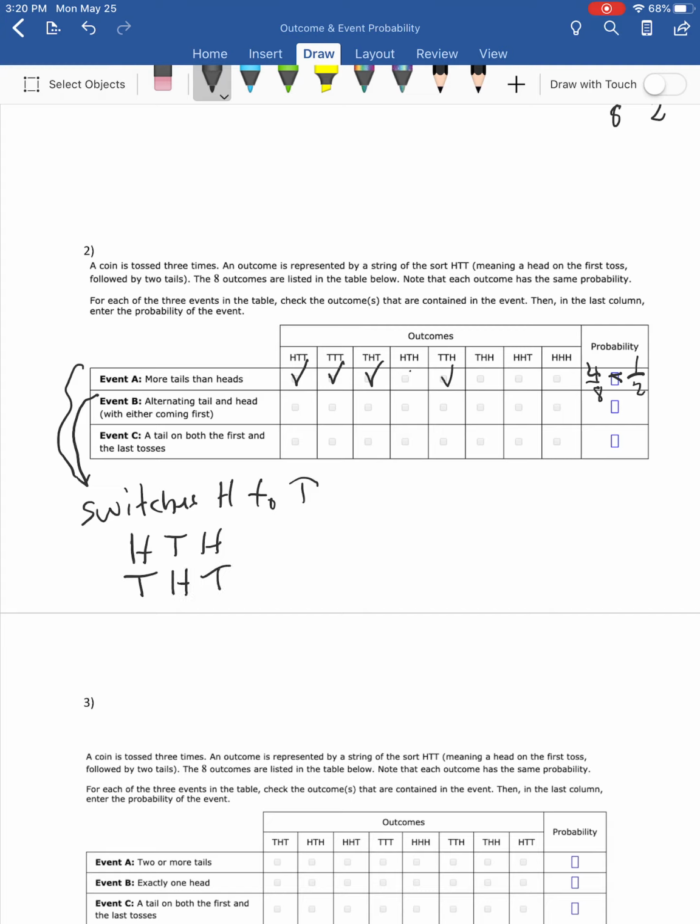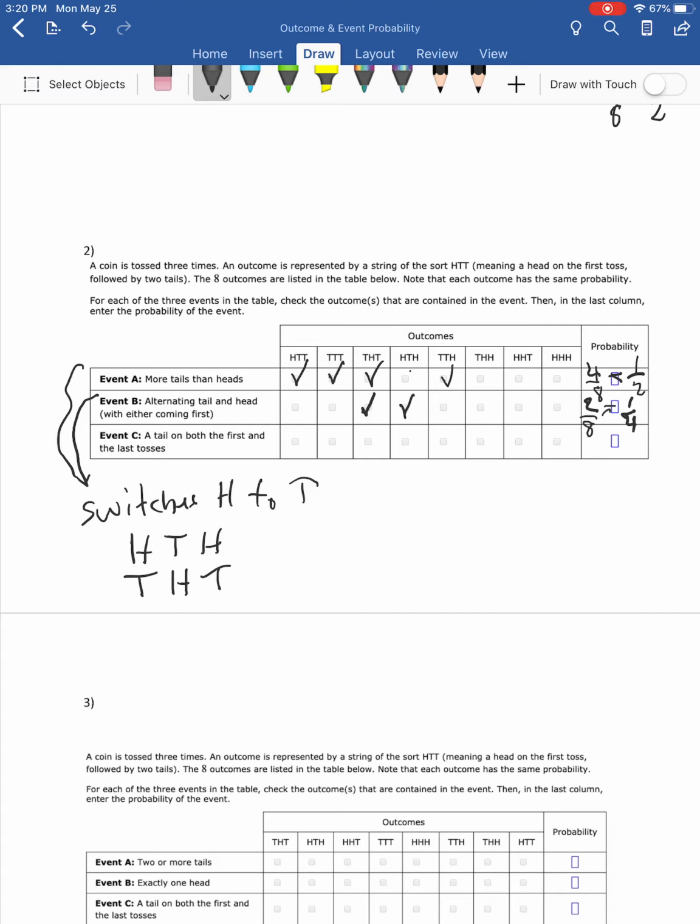So the only ones that are going to work are HTH and THT. So HTH is over here, THT is over here. Neither of the other ones alternate heads to tails. So we have 2 that work out of 8, which simplifies to 1/4.